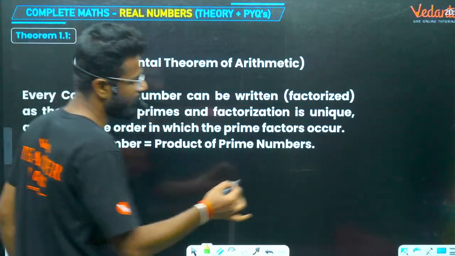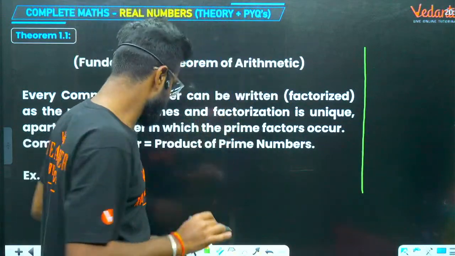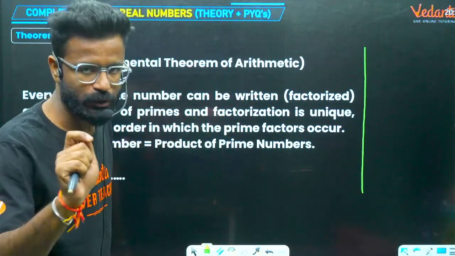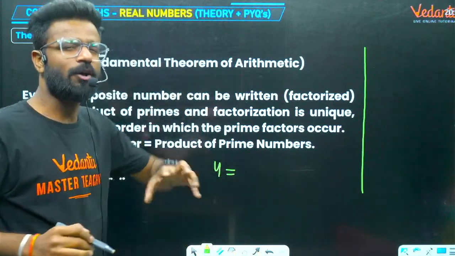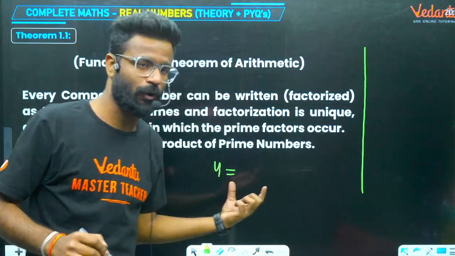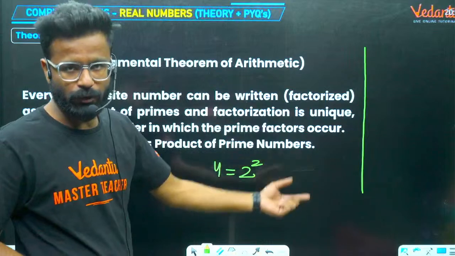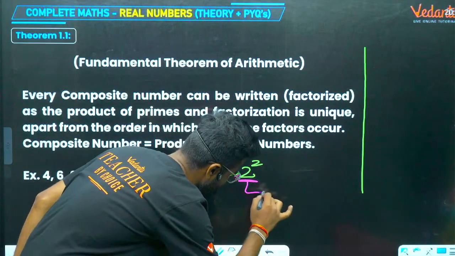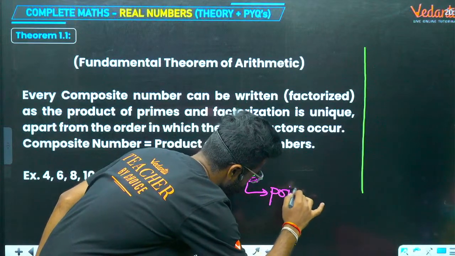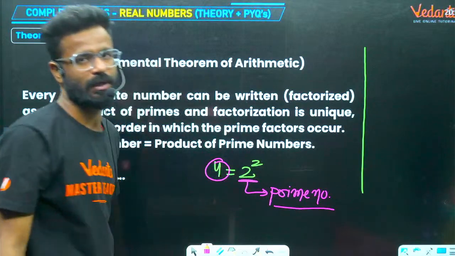We take any example. The smallest composite number is 4, right? If we talk about the factors of this 4, it is 2 to the power 2, and we know that this 2 is a prime number and 4 is a composite number.